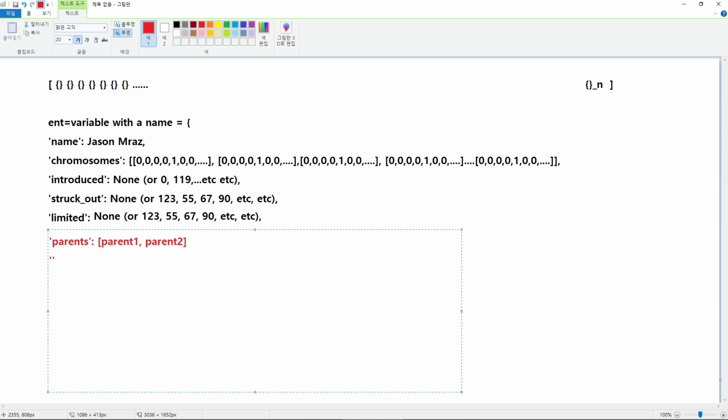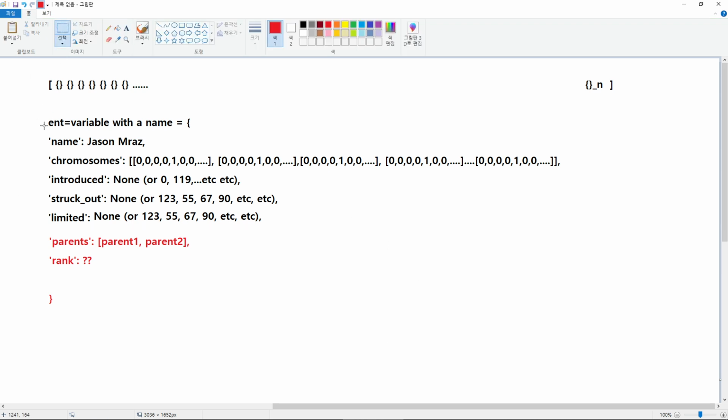Maybe rank, as in what rank it was in each generation. And that's about it. The ones in black are what exists right now. The ones in red are just something that I might add in the future.